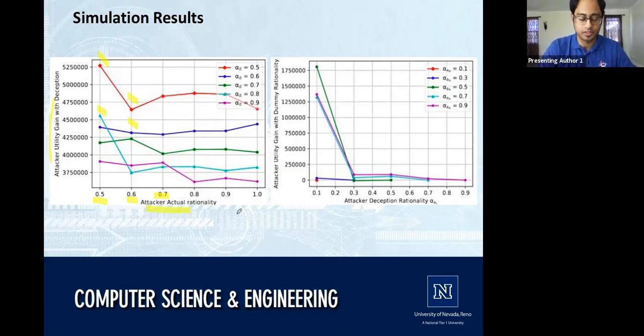Also, another important observation that was made is that an attacker with higher actual rationality, so over here, does not mean that they necessarily make more utility gain against their lower rationality counterparts when facing the same defender. What do I mean by that? Well, say if you have a defender who is, say, 0.7 rationality, the best utility gain against that defender will be one who has a 0.6 rationality. And if you, say, have a defender who is, say, a 0.6 rationality, the best utility gain will be for an attacker who has a rationality of complete rationality, or 1.0.